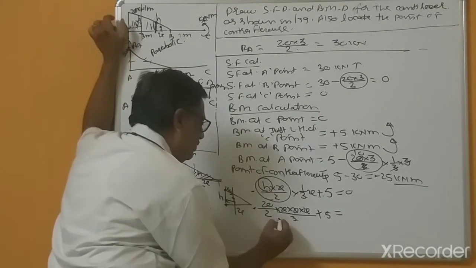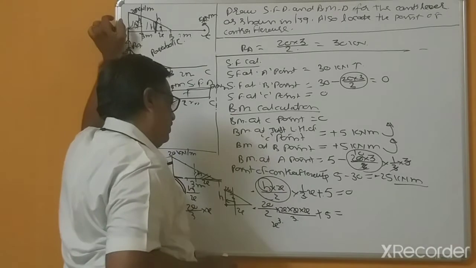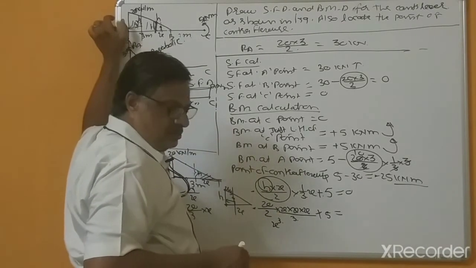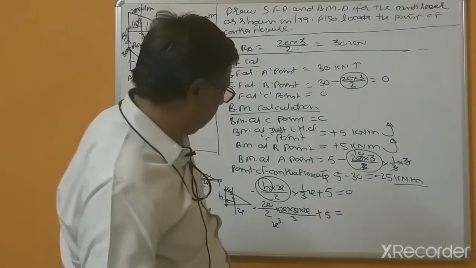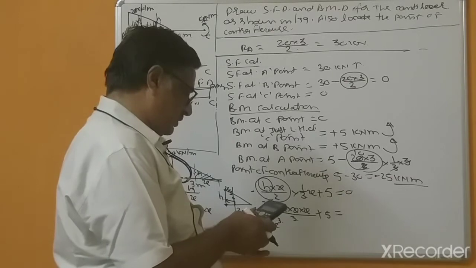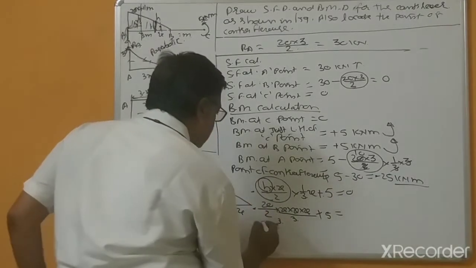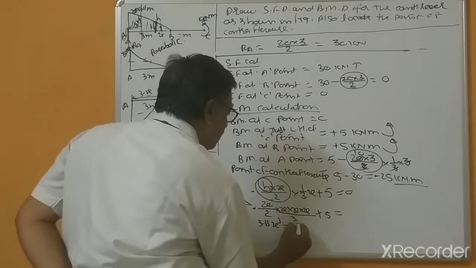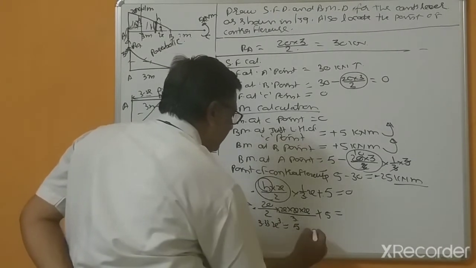So x cube, 20 divided by 6 is 3 point something. 20 divided by 6 is 3.33, so you can consider 5.